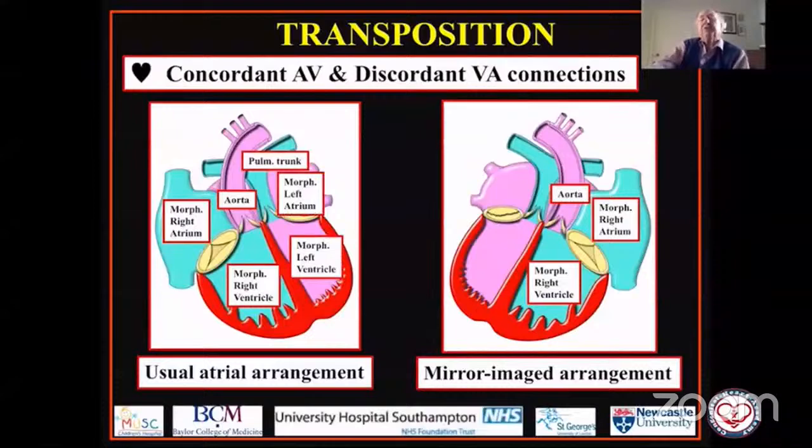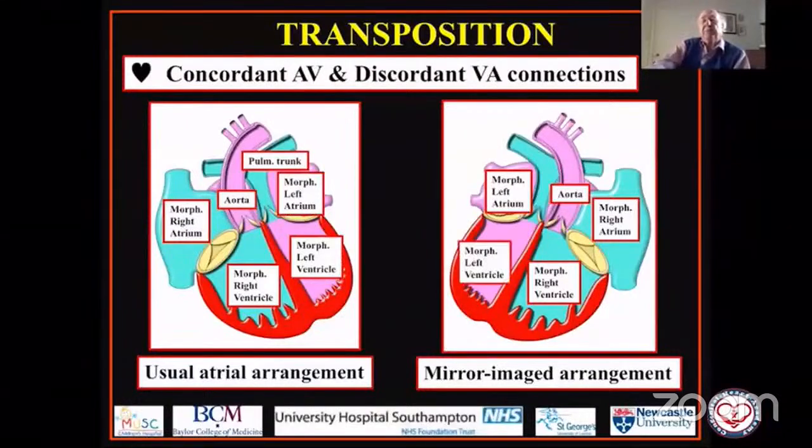Because then we have the discordant ventricular arterial connections, the blood is again going round in parallel rather than in series. So on the other side of the heart, we have the right-sided morphologically left atrium pumping its blood into the right-sided morphologically left ventricle and returning the blood to the lungs.